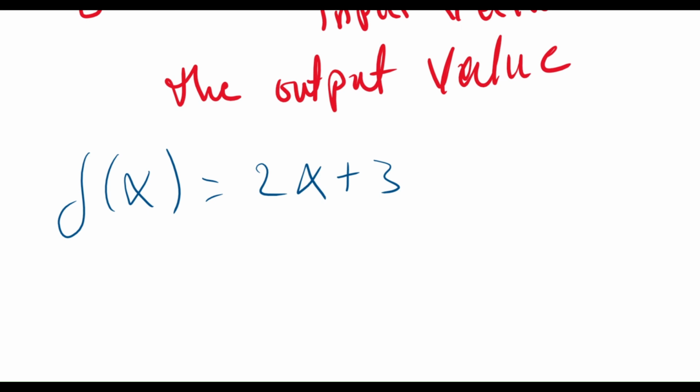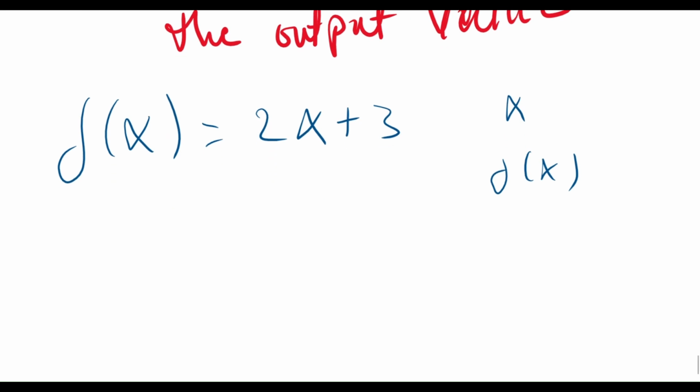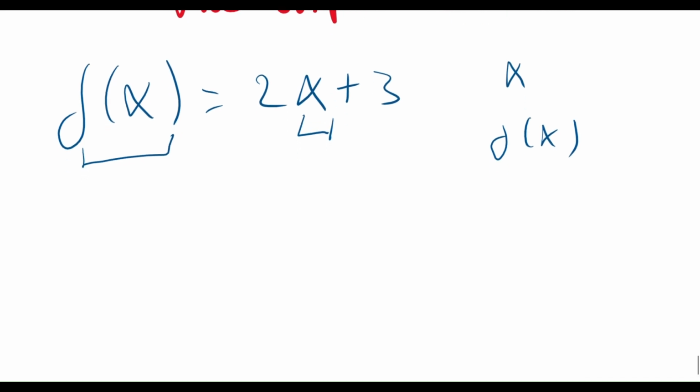The input here for this main function is x, and the output here is a function. So we are going to replace this with x instead of this function, and replace this with the inverse. That is going to be our inverse function.